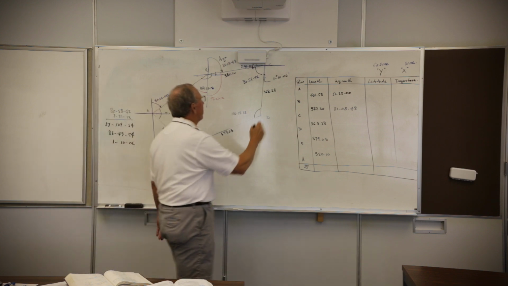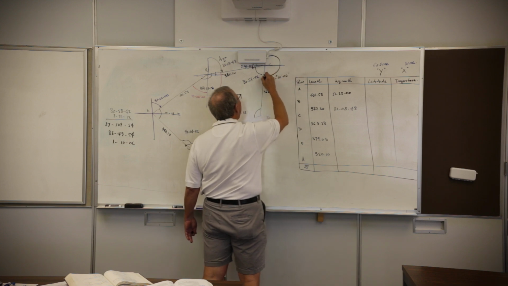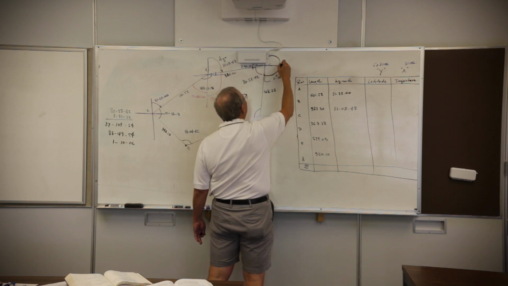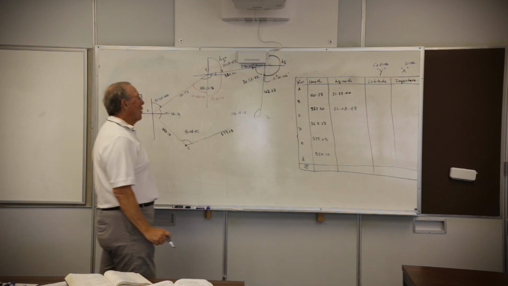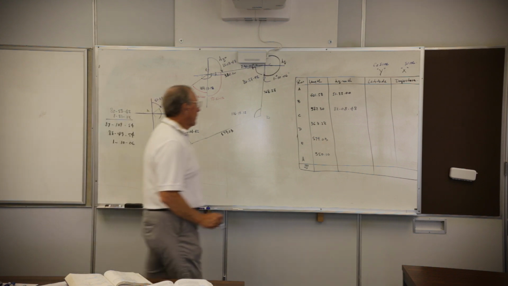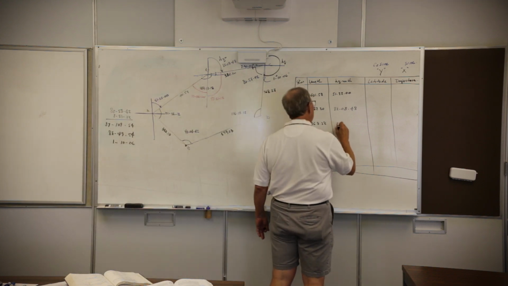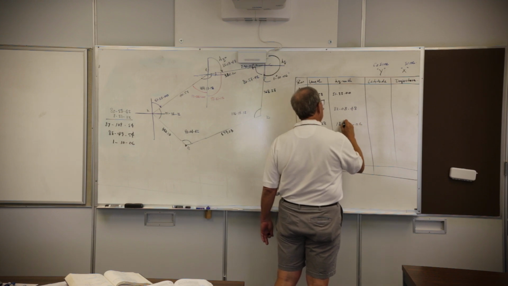Here's my azimuth right here. What is that? It's 180 plus that 1, 10, 06. So it looks like the azimuth of CD is 181, 10, 06.